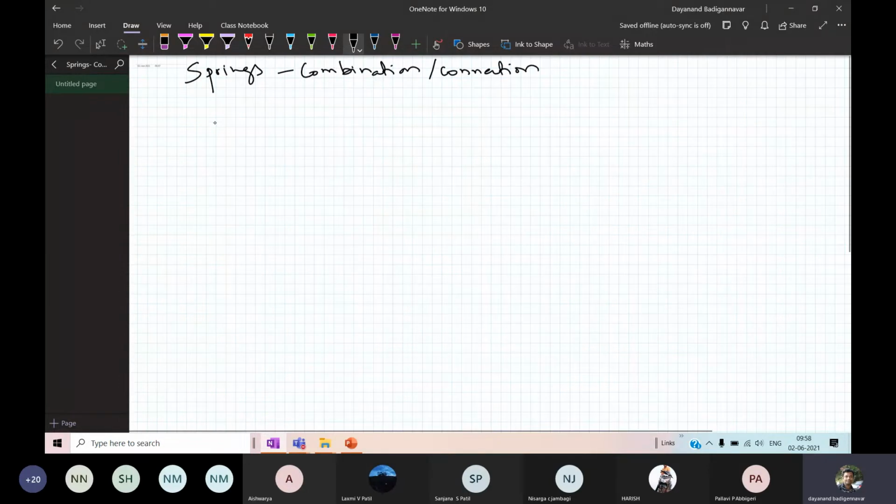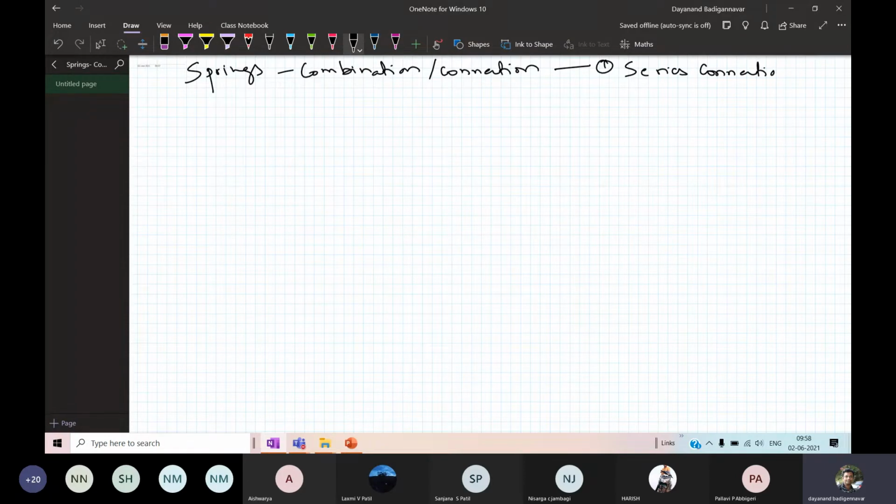Now there are two possibilities as I told you. First one, the series connection or combination. And the second one, the parallel combination or parallel connection.